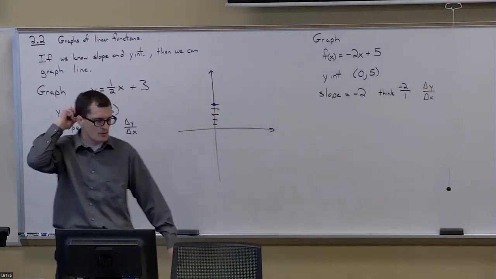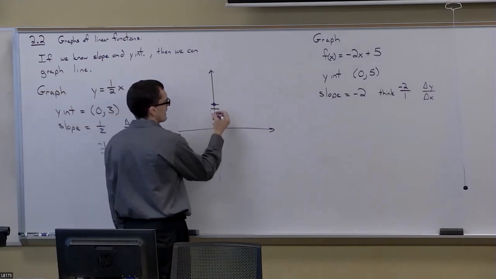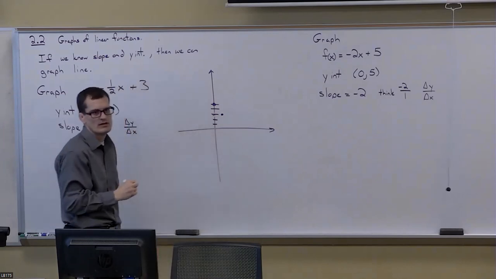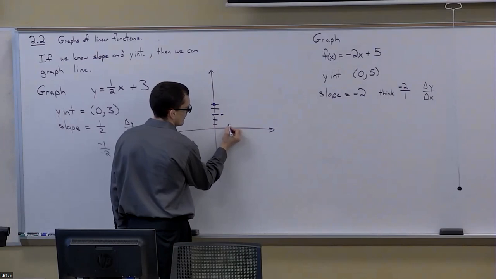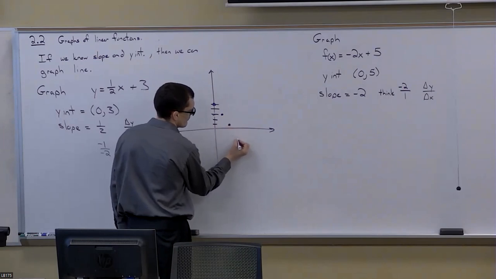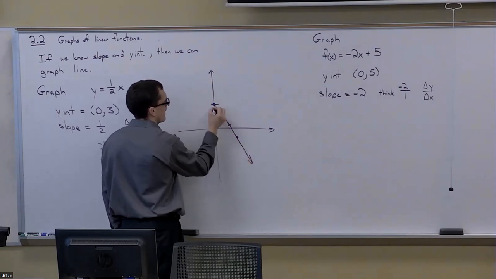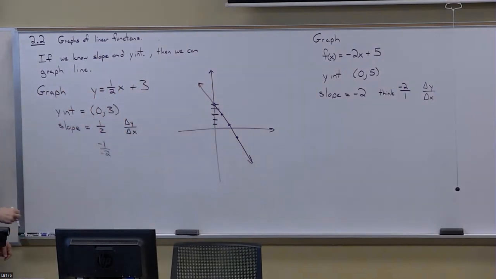Now, -2 over a +1: -2 in the y direction means down 2. +1 in the x direction means to the right 1. So we go down 2 to the right 1, down 2 to the right 1, down 2 to the right 1. And we just keep that pattern up. There's our line. We're good to go.